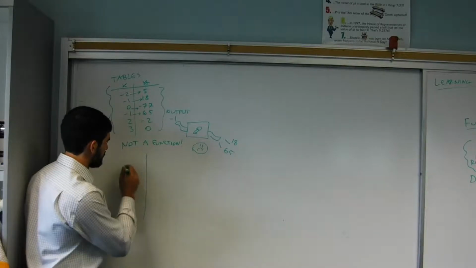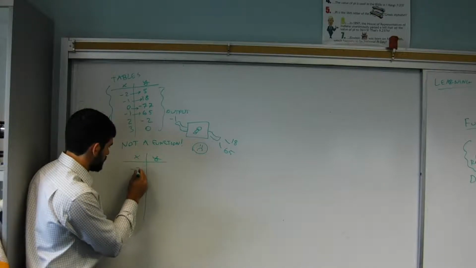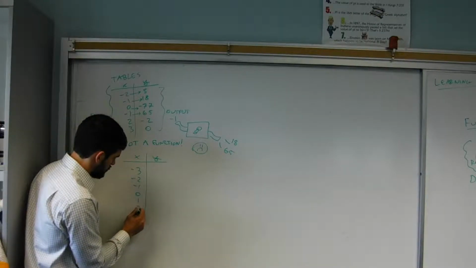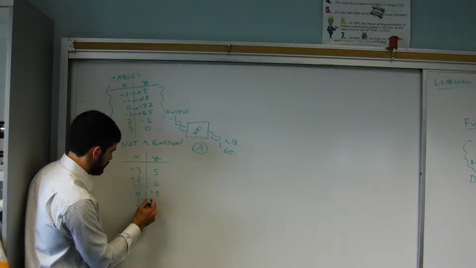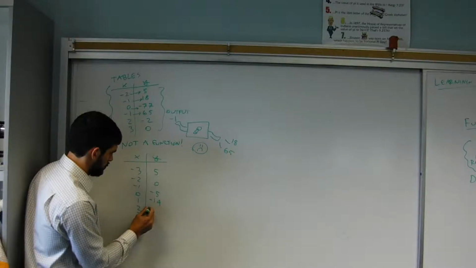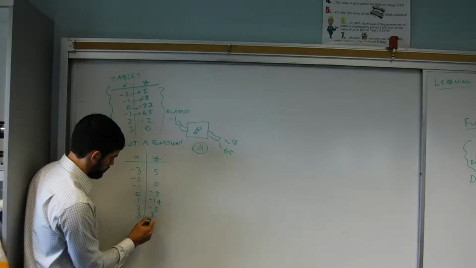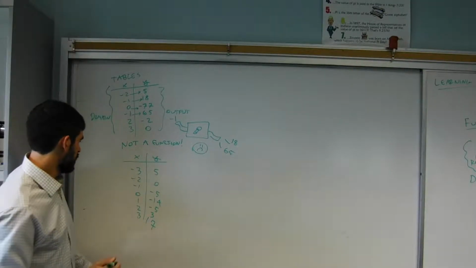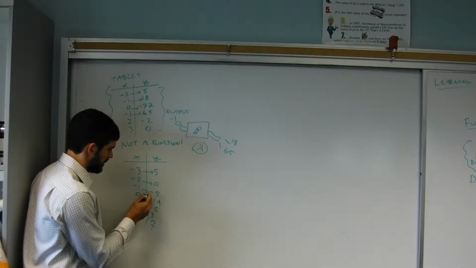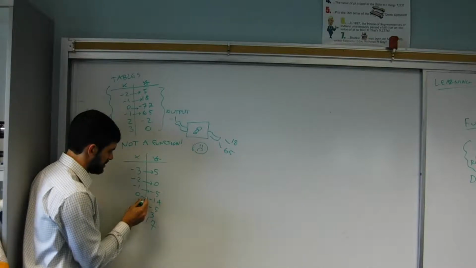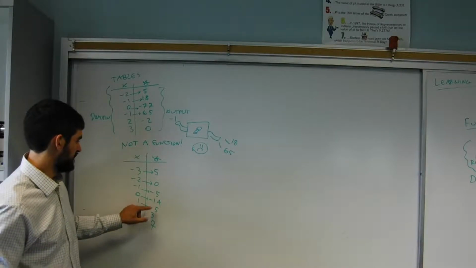I want to look at one other example, where suppose we have, so here we see negative 3 goes to 5, negative 2 goes to 0, negative 1 goes to negative 5, 0 goes to negative 14, 1 goes to negative 5, and wait a second.